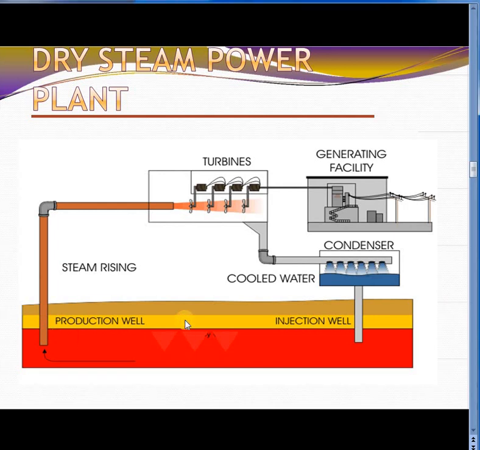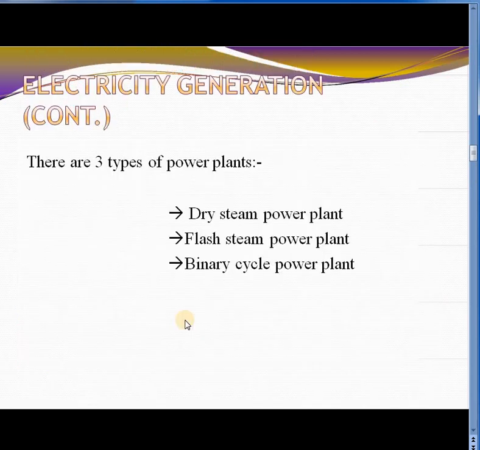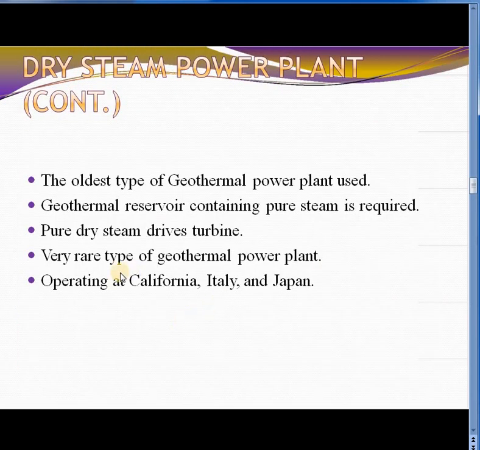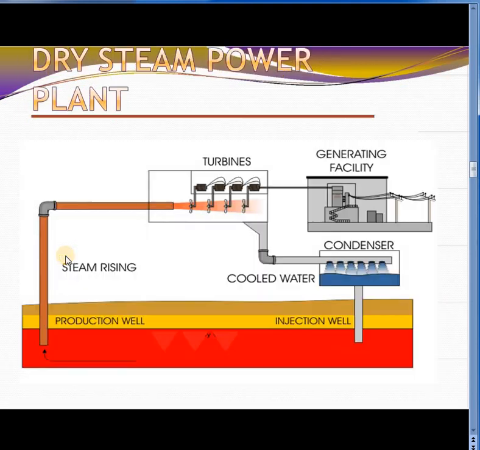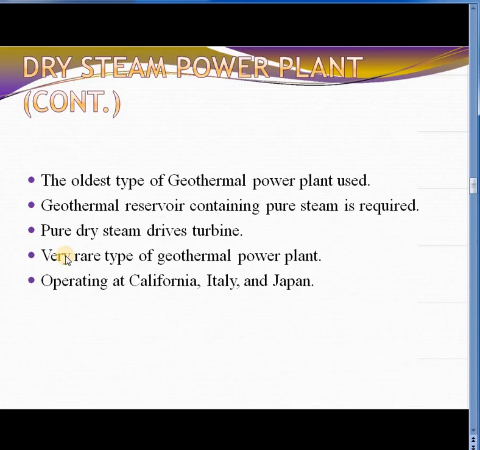Okay, so this is a very simple method where you have a temperature range of around 150 to 300 degrees. These were also used very conventionally. That means they are the oldest type of geothermal power plant existing.